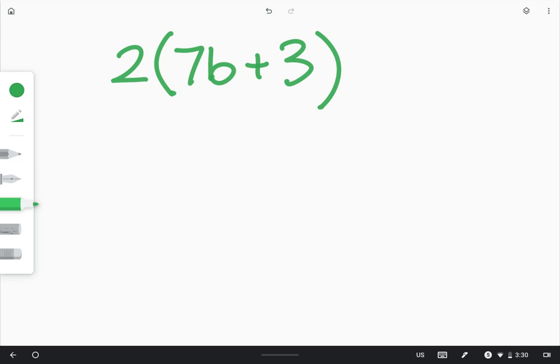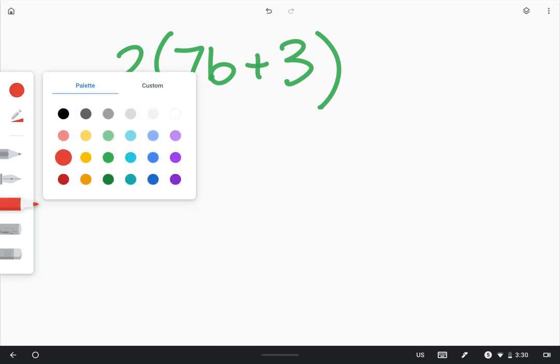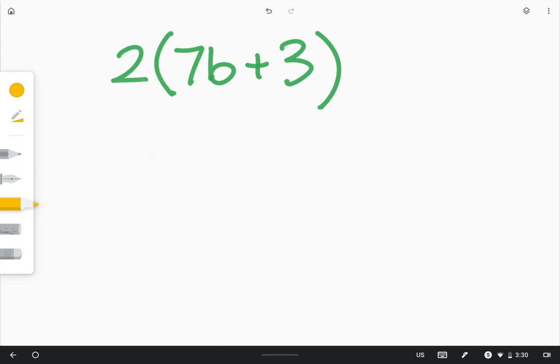This is a monomial, 2, times 7b plus 3, and this is where we're going to be using the distributive property. The distributive property is where we take whatever number is in the front and multiply it times the terms inside the parentheses, and that becomes our final answer.